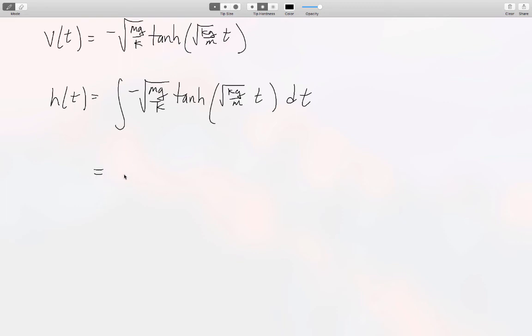So this is a constant, and just exactly following the rule that I had before, it's a over b, right?